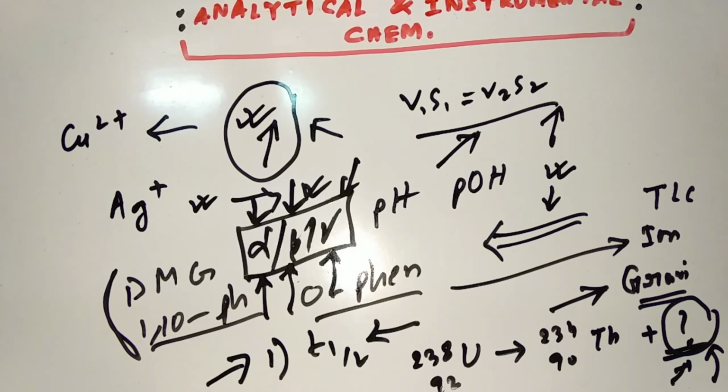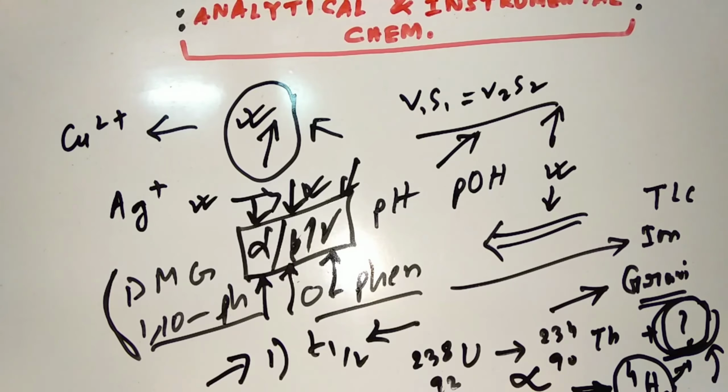It's very easy, because you just need to balance the equation. Here 238 minus 234 gives 4, and 92 minus 90 gives 2, so that will of course be helium. This corresponds to an alpha particle, and the answer will be alpha particle or helium 4, 2.